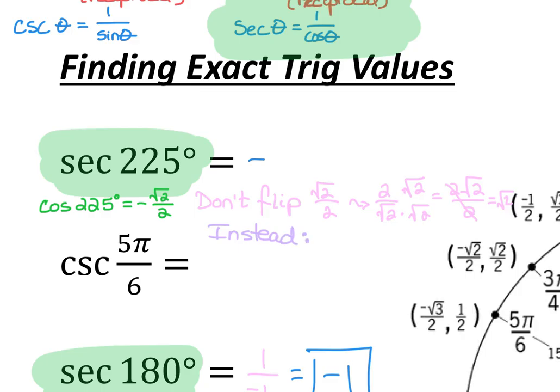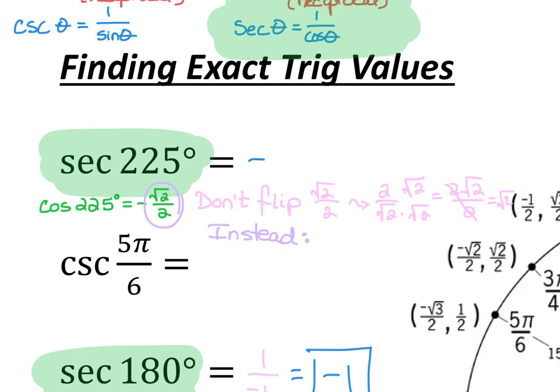remember that where we got radical 2 over 2 from was when we first did the triangles that were the equilateral and isosceles triangles to derive all the 30, 45, and 60 degree angles.